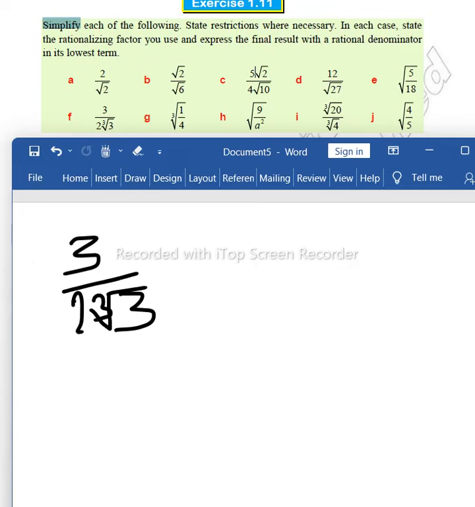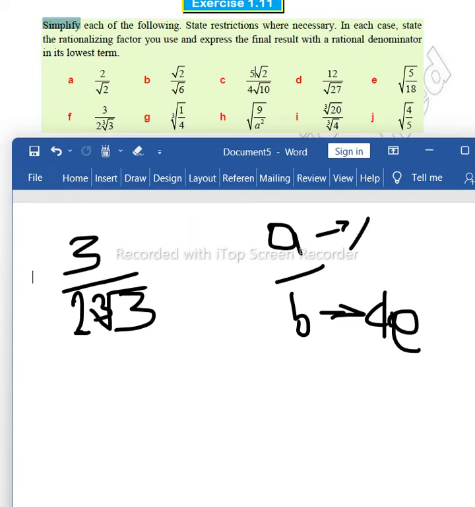As we said before, we must rationalize the denominator, the bottom part of this fraction. Let us show you: a over b. The b is called the denominator, and a is the numerator. So we are asked to rationalize the denominator.